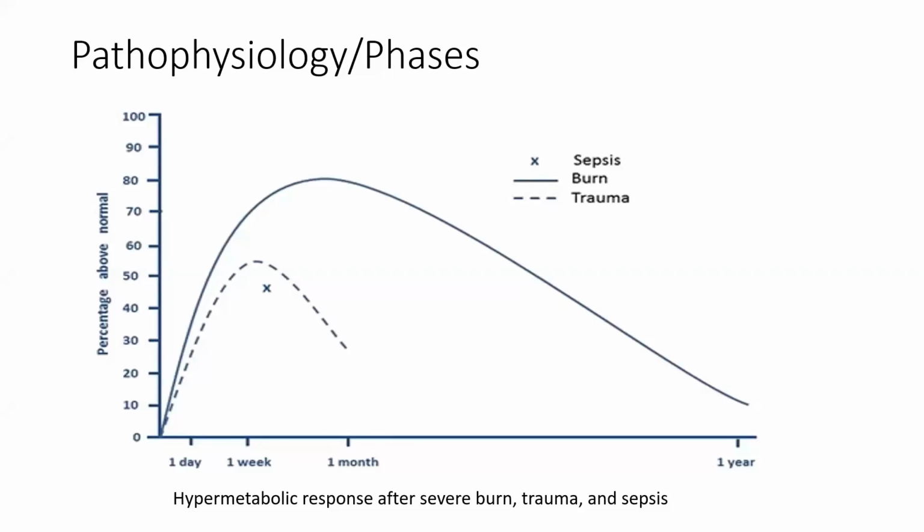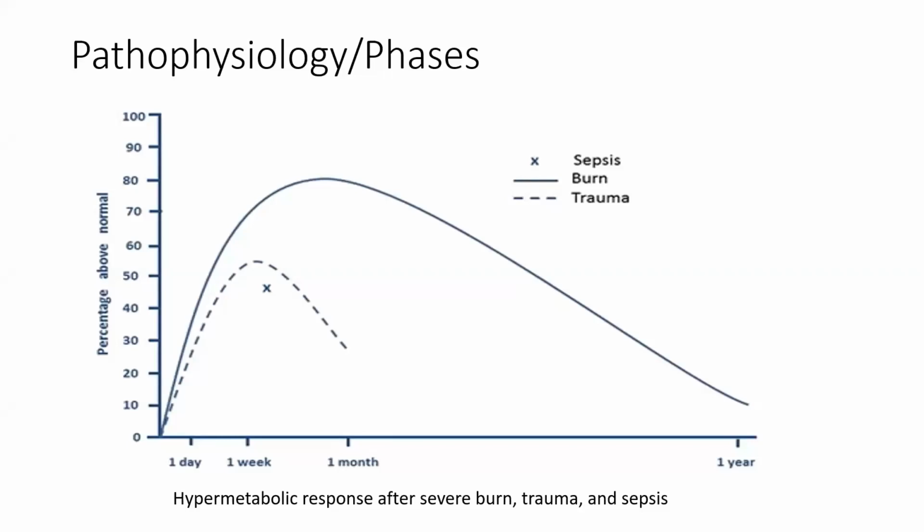Now, as we can see in this graph, we have a comparison between sepsis, trauma, and also burn injuries. For burn injuries, the hypermetabolic response is much higher and lasts for a much longer time.